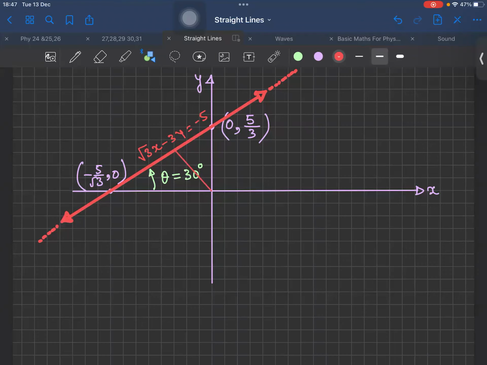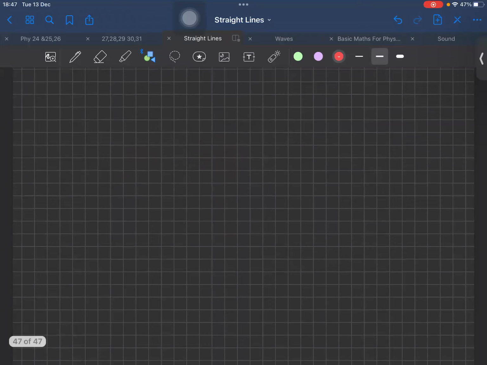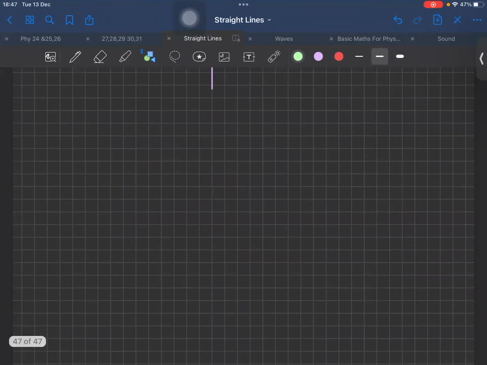See what I'll do, I'll write down all the forms we have studied in this chapter, then we will solve some problems based on it. So let me write down here the summary of straight line.